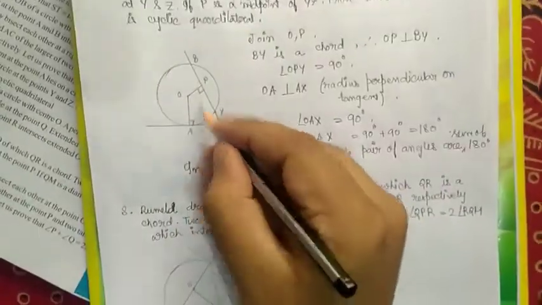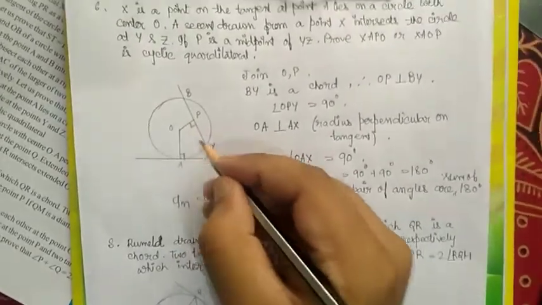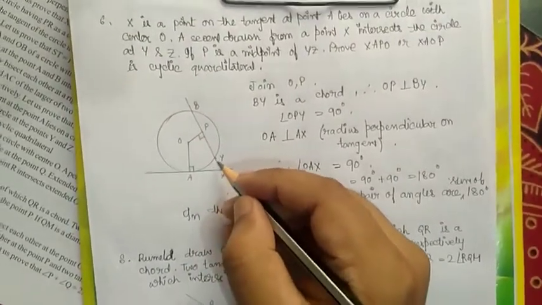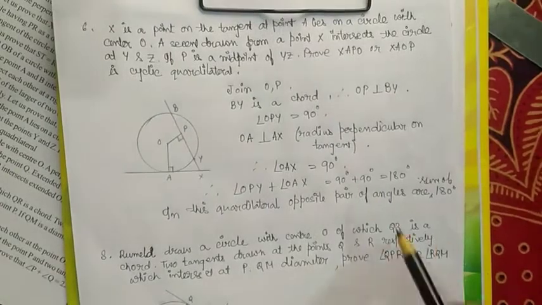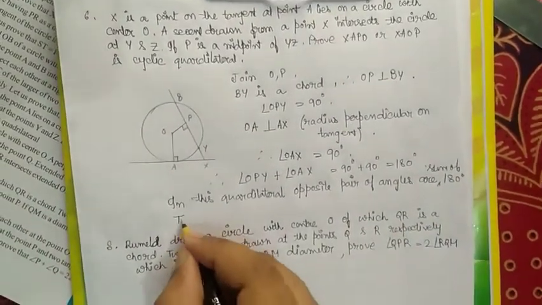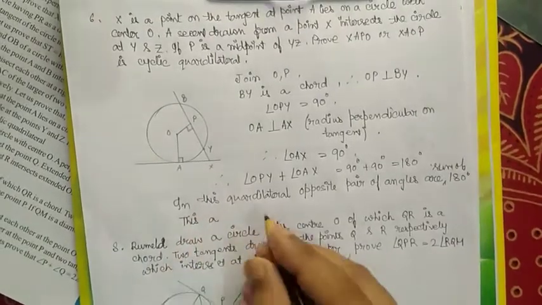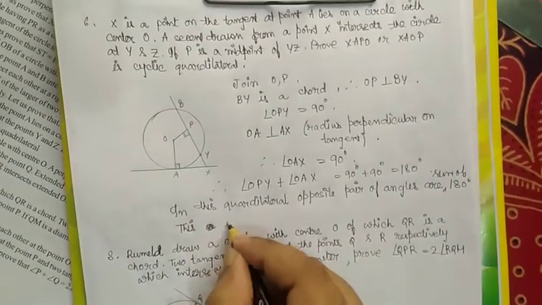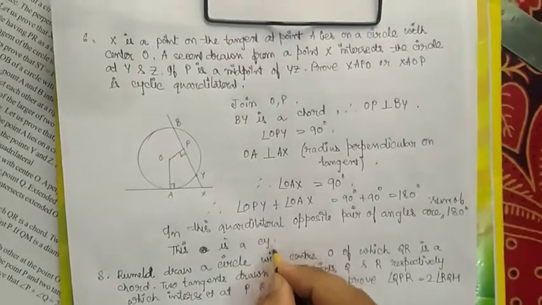If these two angles sum to 180 degrees, these two angles also sum to 180 degrees. Therefore we say that this is a cyclic quadrilateral.